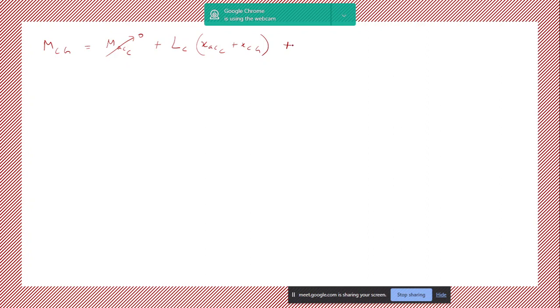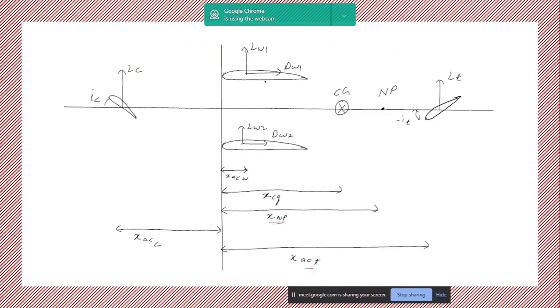Then we go on to wing. Wing has MACW. So let's start with wing 1. MAC wing 1 plus lift on the wing into the distance. What is the distance from the leading edge?